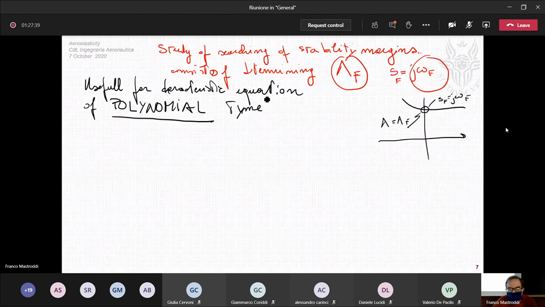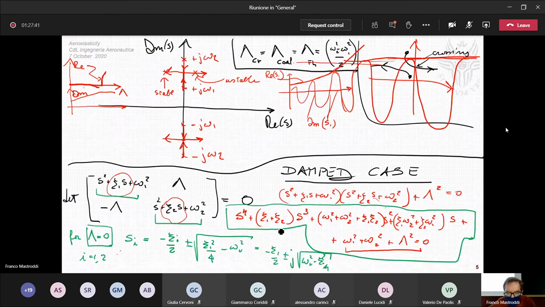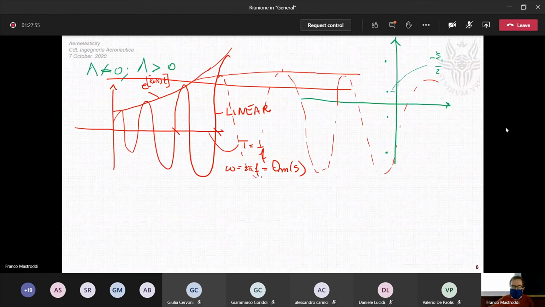Indeed, in the case of a polynomial, look, I have to substitute here, instead of s, j omega flutter, because I want to imagine my root locus in the margin. And what happens? I will obtain the following.